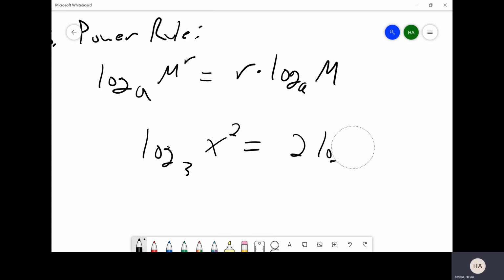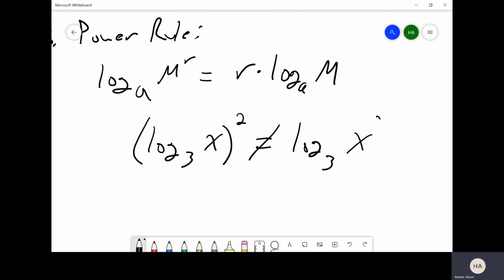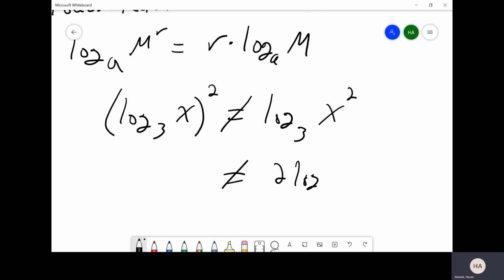And I want to really hammer this down, the placement of the exponent versus parentheses. If you had the same thing, log base 3 of x, but this time you had parentheses around the logarithm, and this is log base 3 of x, squared, this is not the same thing as log base 3 of x squared, which, again, means it's not the same thing as 2 log base 3 of x.